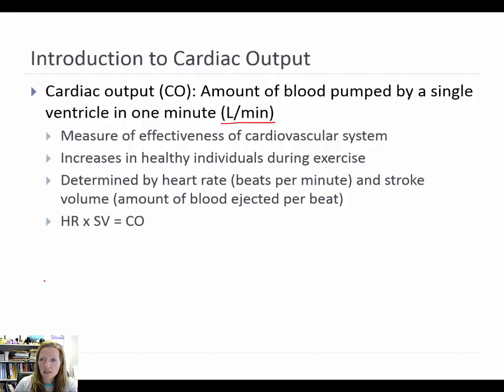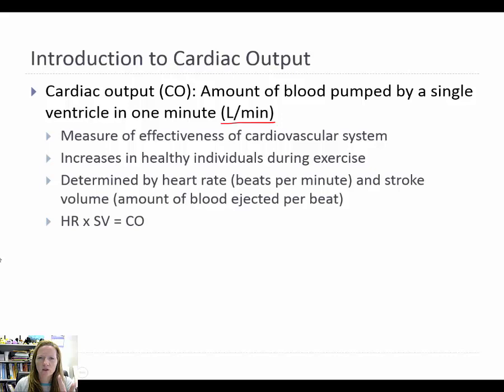If your cardiac output changes, so does your perfusion. And we'll look at how cardiac output is going to increase whenever individuals are exercising. It makes sense because when you're exercising, you want more blood going to your tissues. You need more perfusion. So yes, this would definitely increase while you are exercising.